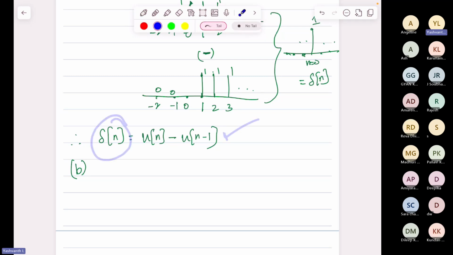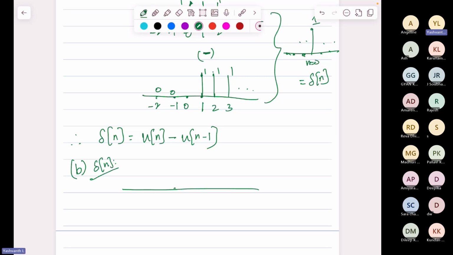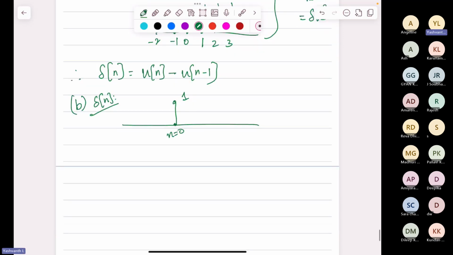Now I will give you the clue. Clue is as follows. Delta of n is what? At n equal to 0, you have 1. What is delta of n minus 1? Whenever the argument goes 0, I will have a peak.